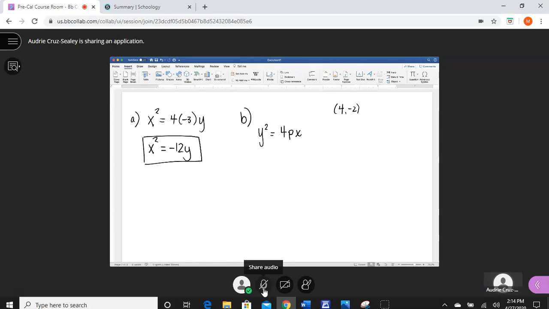Do we agree with that? Yes, ma'am. So if this is an x value and this is a y value, you would have -2 squared equals 4. We don't know what p is, but we do know that x is 4. So that would give you 4 equals 16p, and therefore p is equal to 4 over 16, which is equal to 1/4.